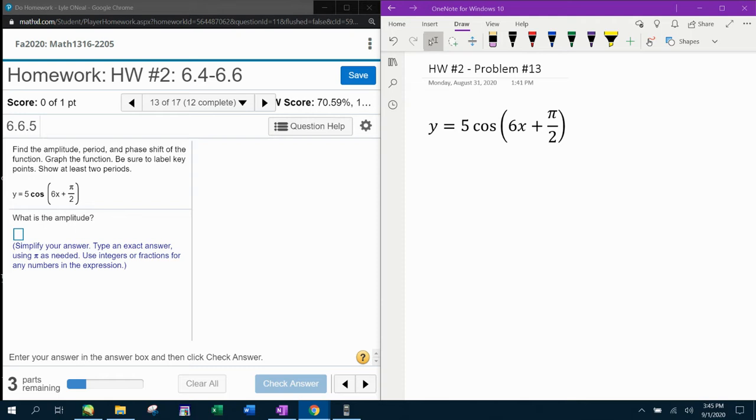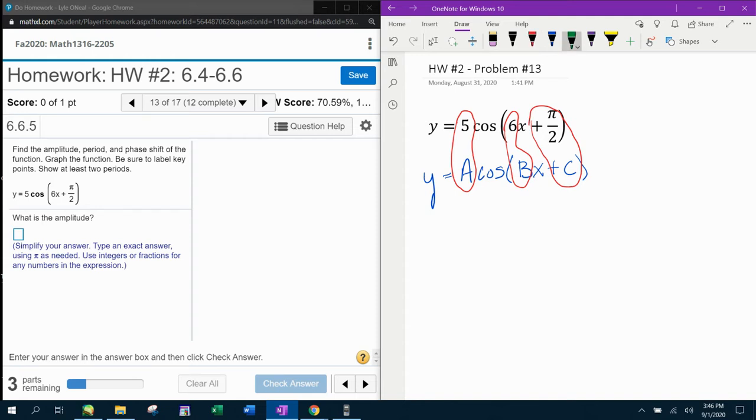So the first thing that I want to do is write down the standard form of a cosine function, and that formula is y equals a cosine bx plus c. That is your standard form of a cosine function where we can see a is 5, b is 6, and c is pi over 2.